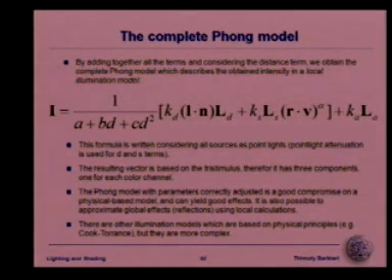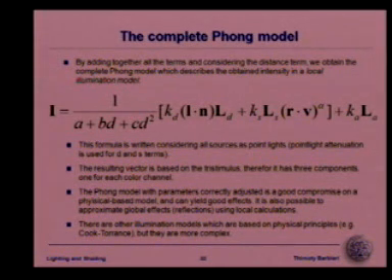So that's the whole baby altogether, which considers the diffuse part, the specular part, and the ambient part, with the coefficients, and with Lambert's law and the specular reflection law in place, with the attenuation factor.